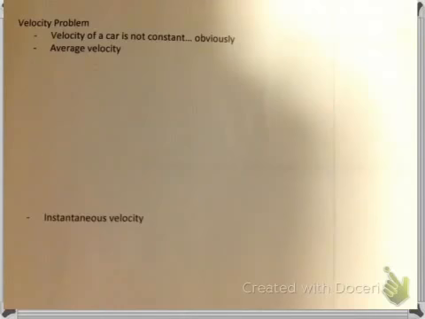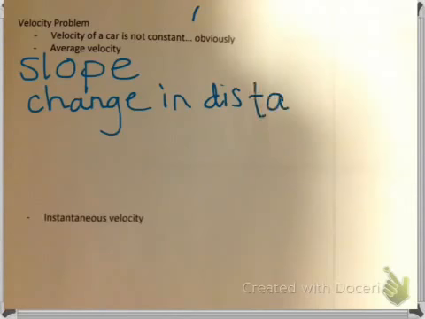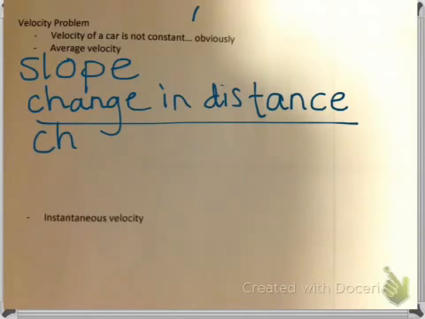And this is just like the slope. And I would just find the slope of those 2 points. Okay, so how do we find velocity? We find the change in distance over change in time. How would I do that?